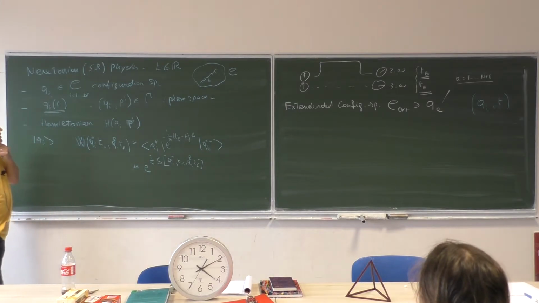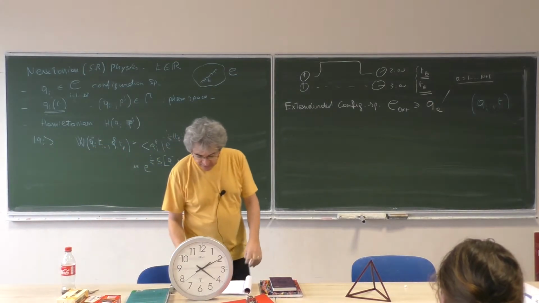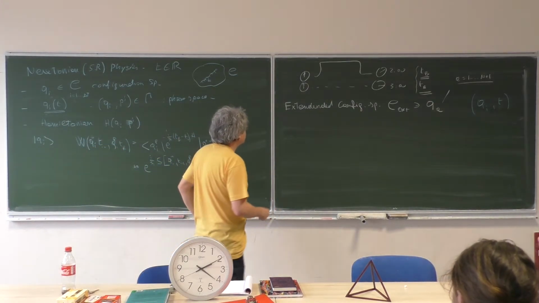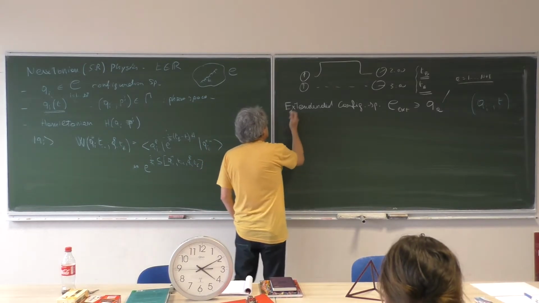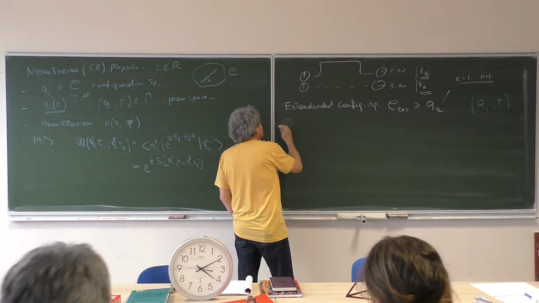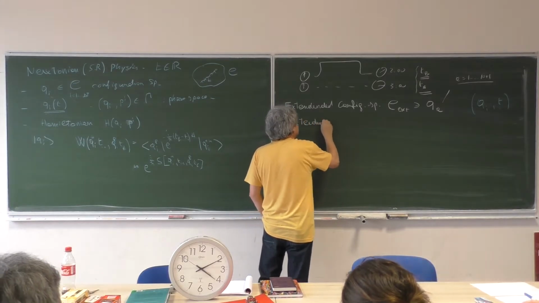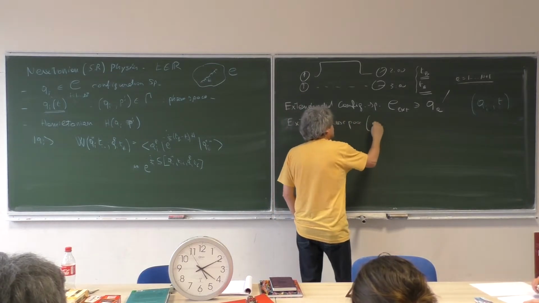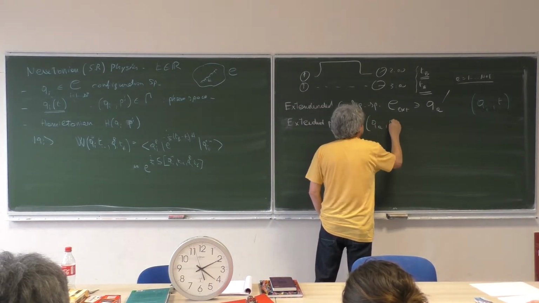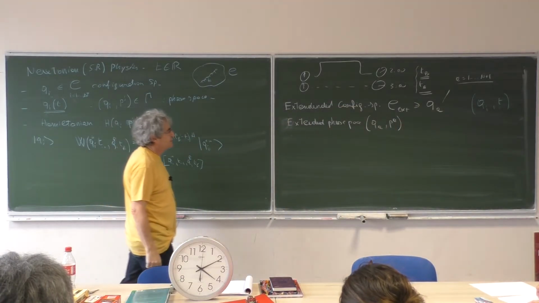And we want to just extend this language in this manner. Well, that's pretty easy. So for the phase space, there is an extended phase space with QA, PA, just two dimensions more than the phase space.